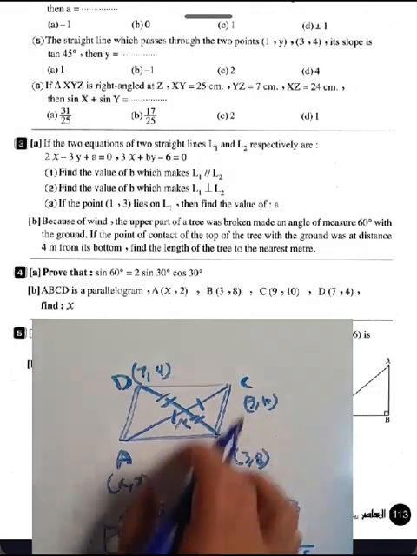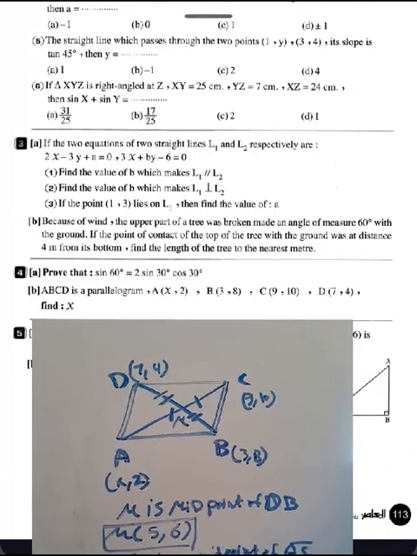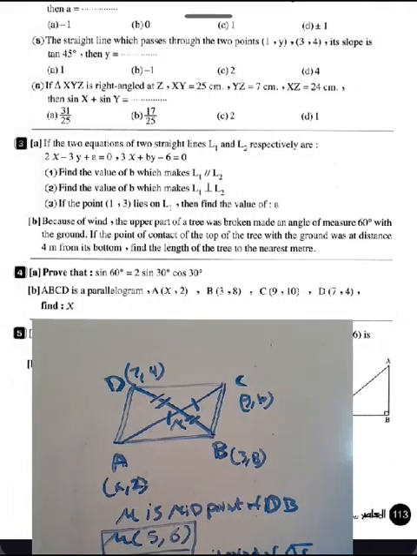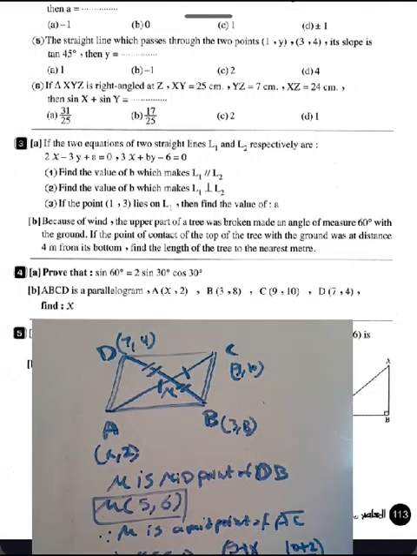This point (5, 6) is in the middle of AC. For M in terms of C and A, we can write the first coordinate as 9 plus x divided by 2, and the second coordinate as 10 plus 2 divided by 2. So 5 equals 9 plus x over 2. 2 times 5 equals 10, 10 equals 9 plus x, then x will be equal to 1.